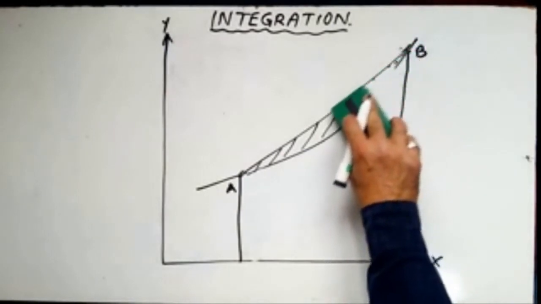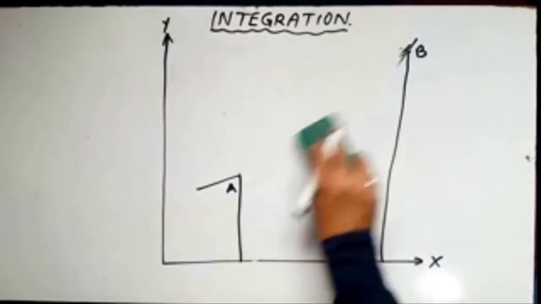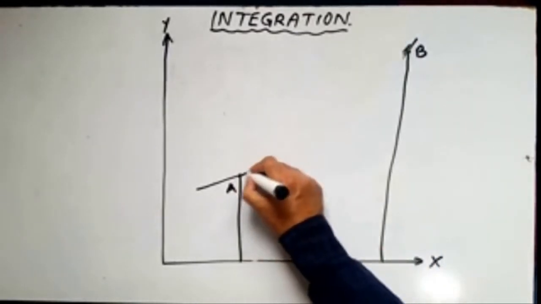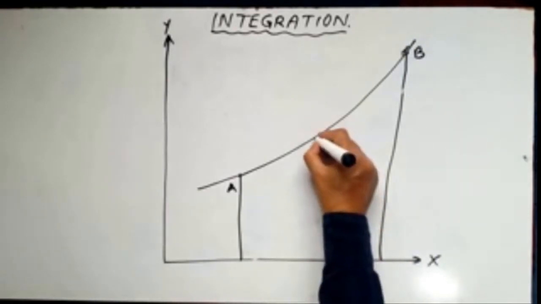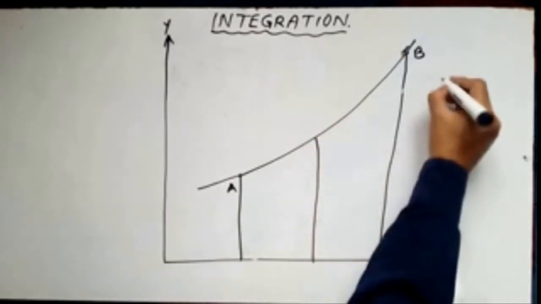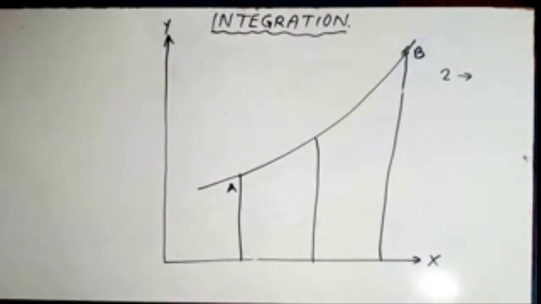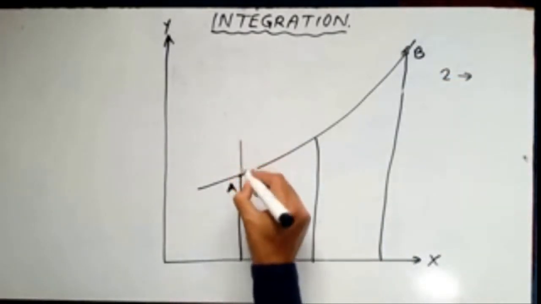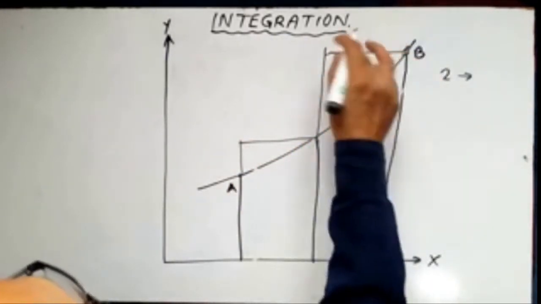How are we going to find out now the area under the curve A and B? The concept is very, very simple. We are going to divide this whole area into rectangles. Let's start with dividing this into two rectangles. Now, let's say this is one rectangle and this is another rectangle, right?